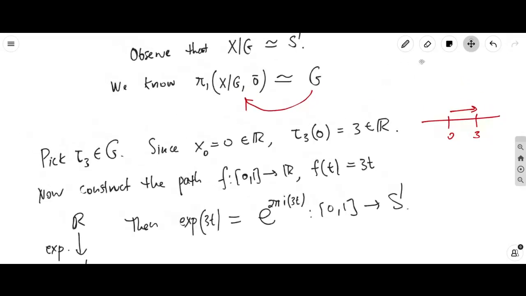This example quickly illustrates how this isomorphism works: the way you end up getting a loop in the fundamental group is you take your initial condition, you apply the translation, you move it to a new position, you draw a path between those 2 points, and when you project that path back down using your covering, you end up getting a loop in the fundamental group.